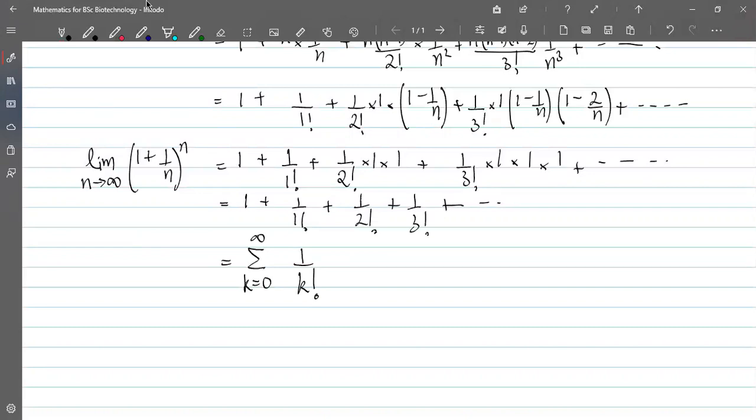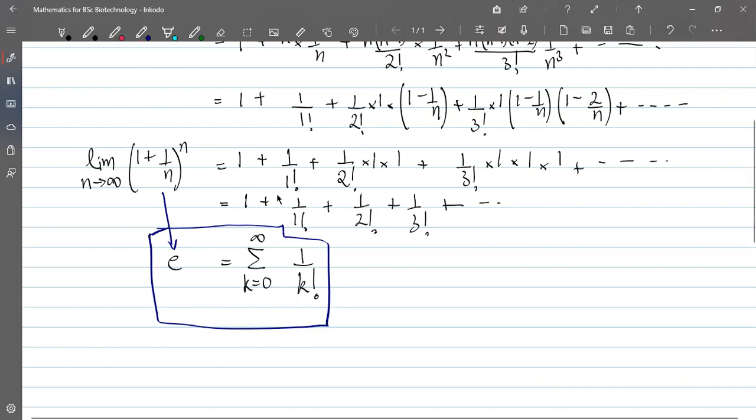Remember that 0 factorial is 1. So the first term will be 1 upon 0 factorial, which is just 1. Second term will be 1 upon 1 factorial. Third will be 1 upon 2 factorial, and so on. Okay, so this is e. This is defined as e. So e is summation k equals 0 to infinity 1 upon k factorial.